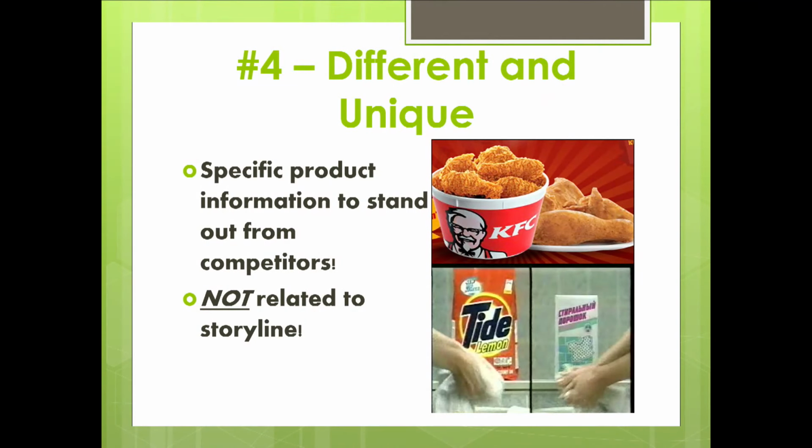Not how different and unique the commercial is, because every commercial should be different and unique in its own way. But we're looking at how different and unique the product is. So that is a good thing to look for when taking a look at the product. What does it say in the commercial, or what do they do in the commercial to show that it is actually different and unique from its competitors? Okay?